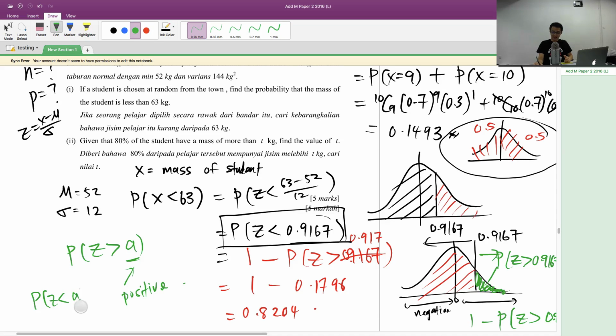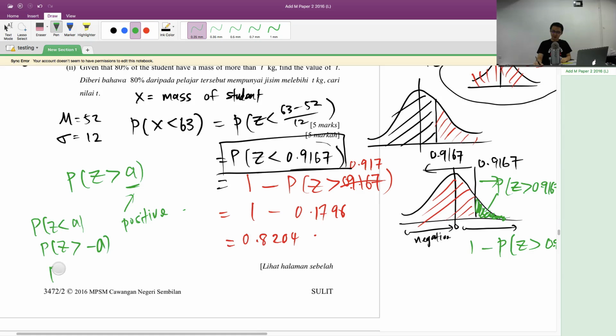If less than a, cannot find. If you have z is bigger than negative a, also cannot straight away find the table. If you have probability for z is less than negative a, less than negative together, you can change it to become bigger than a, then only you find the table.